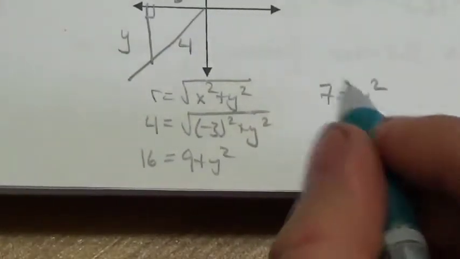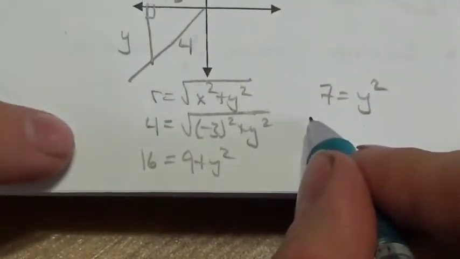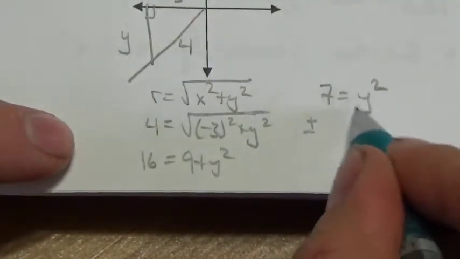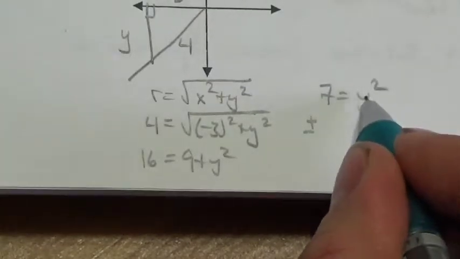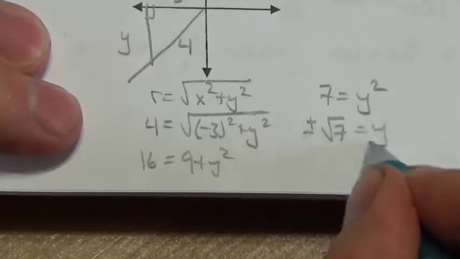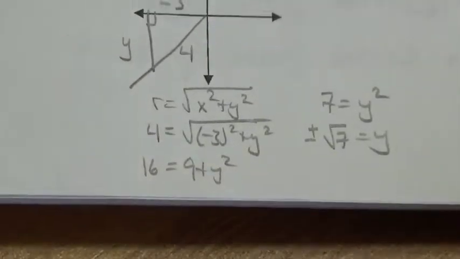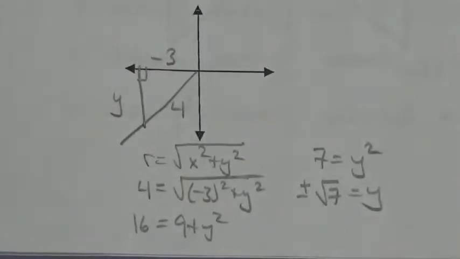Now, with a question like this, when I take the square root of both sides, I have to pay attention to the fact that I was squaring some number to get 7. So the answer here could either be the positive or the negative square root of 7. I don't know which one it is. But in this case, because I do have a diagram, or I have an indication of what quadrant we're in, I do know what it is.